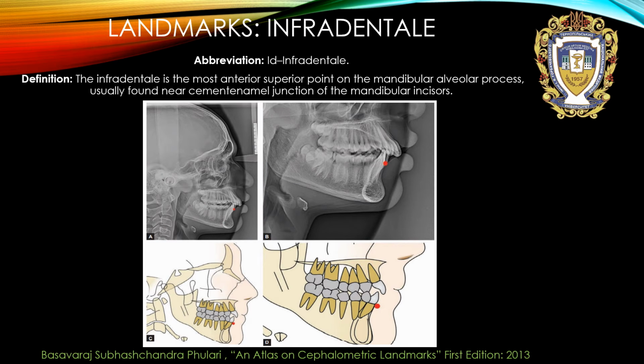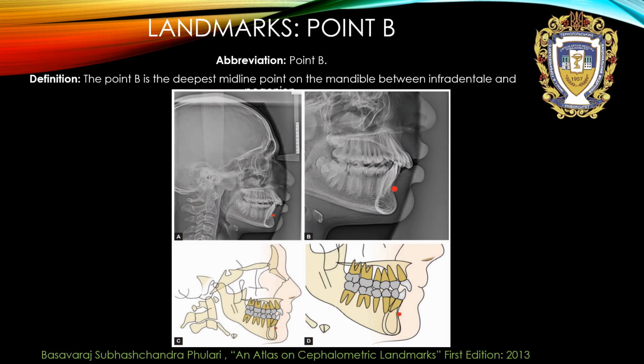Infradentale point is the most anterior superior point of the mandibular alveolar process, usually found near cement-enamel junction of the mandibular incisors. Point B. The point B is the deepest midline point of the mandibula between infradentale and pogonion.